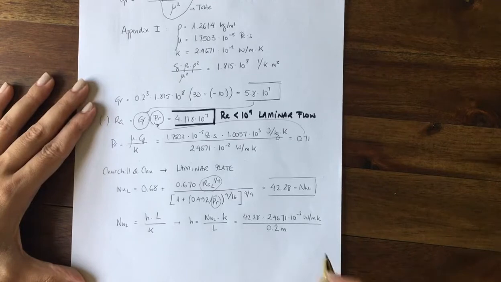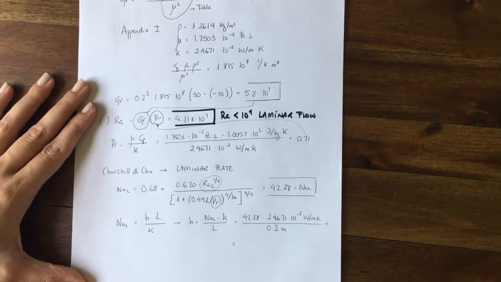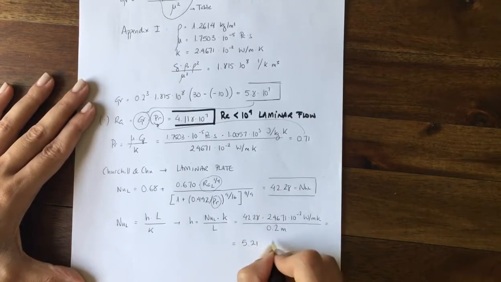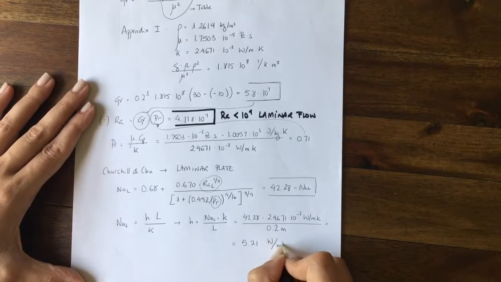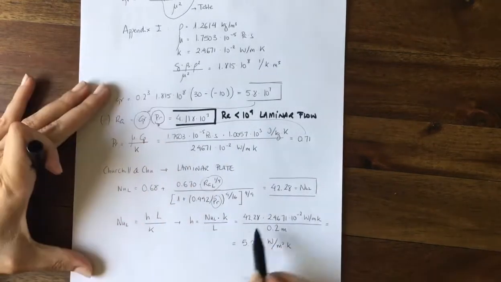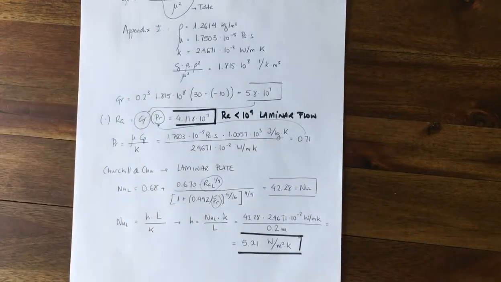Okay, so you do the calculations, and finally h is equal to 5.21 watt per square meter Kelvin. And that's the value of the convective heat transfer coefficient in the case of natural convection.